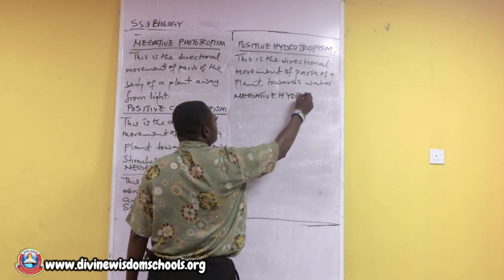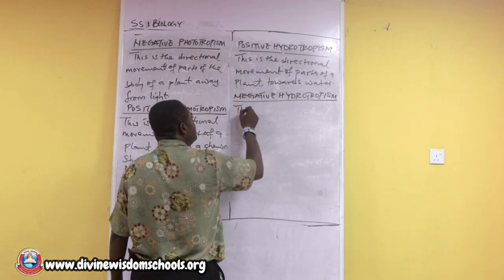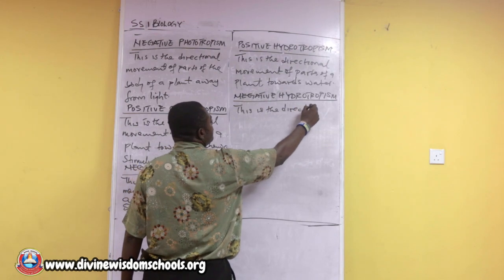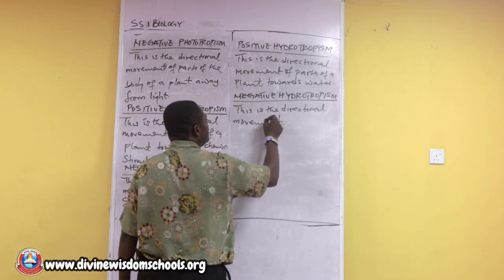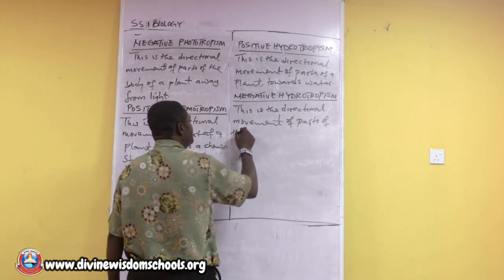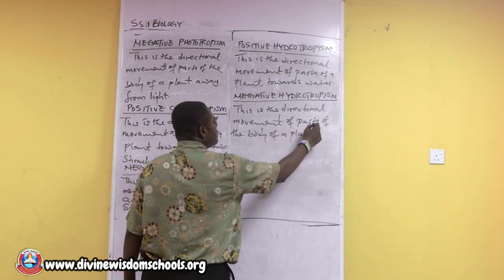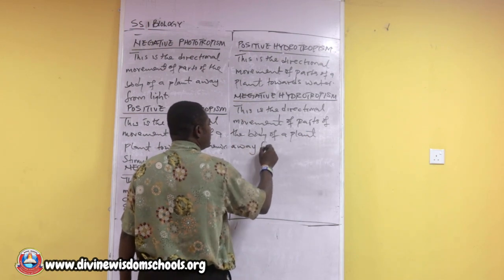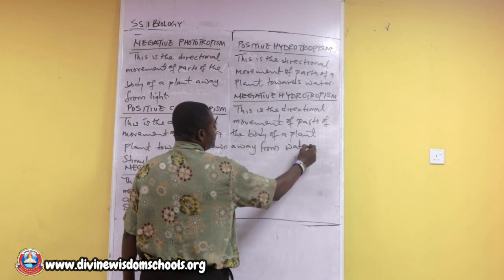So we also have negative hydrotropism. This is the directional movement of parts of the body of a plant away from water.